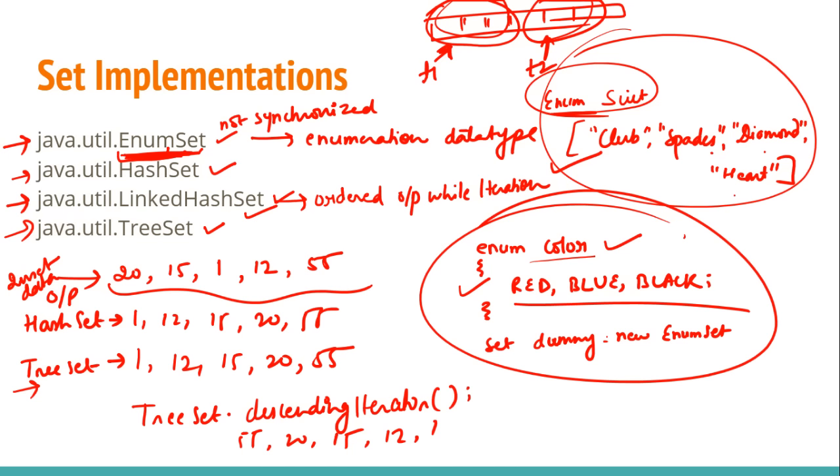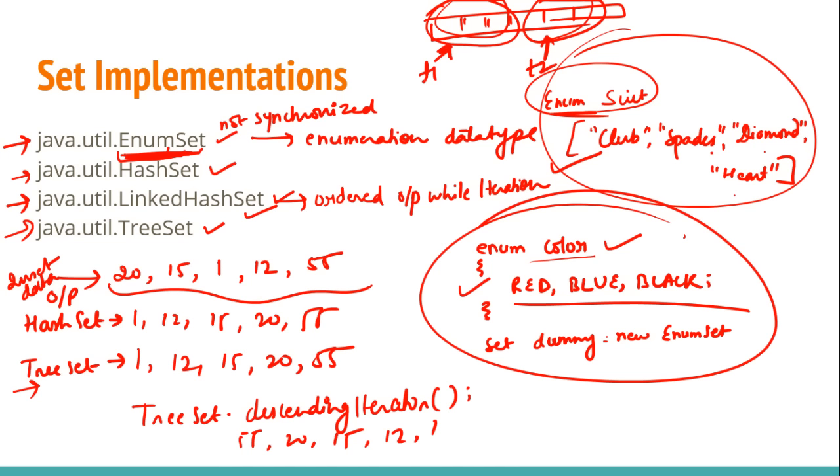They cannot have duplicates. That is the one functionality for which sets are used, because they don't have any duplicates, right? Now, that is the common functionality for all the sets. Apart from that, all these sets have some unique characteristics for which we prefer one over the other, right?